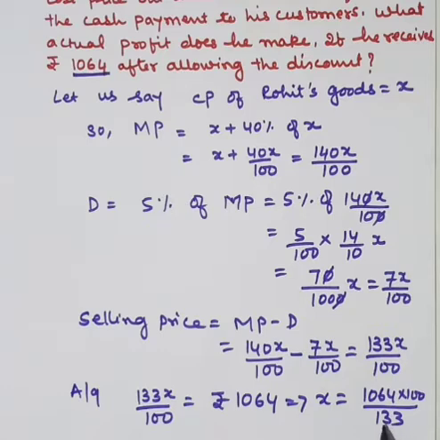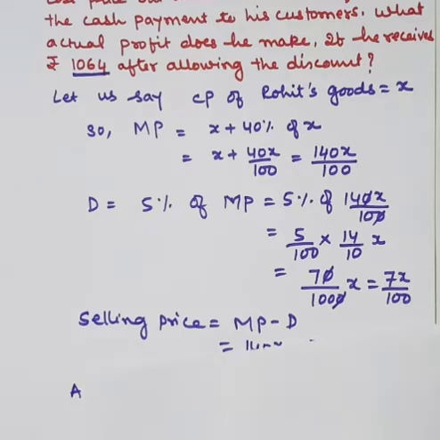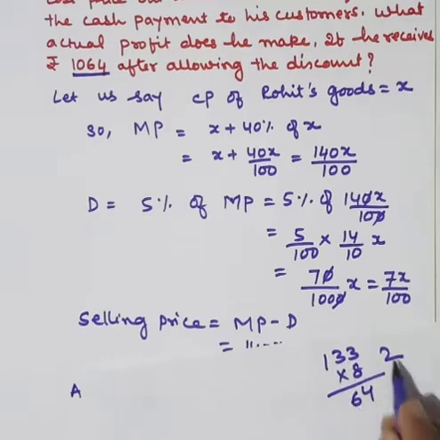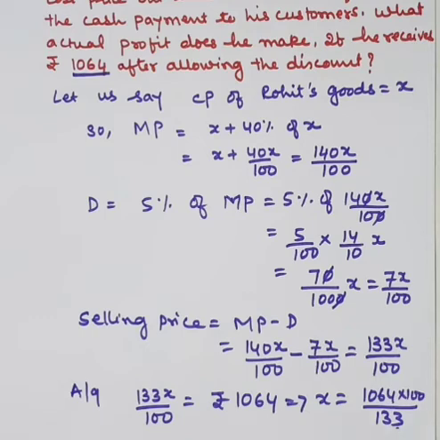See here 3 8s are 24. So 4 is coming. Let us see whether 133 8s can cancel this 1064. Okay, 133 into 8. See, 8 3s are 24, 2, 24 and 2 26, 2, 8 1s are 8 and 2 10, 1064. So 133 8s are. Okay, so here you are getting x is equal to 800.